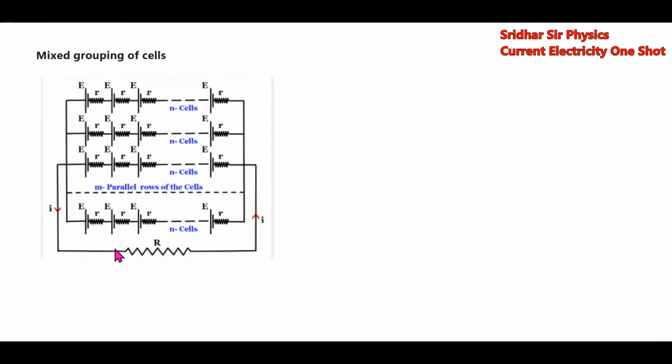So we have to calculate the expression for this current I. Summation of EMF should be equal to summation of E by summation of R. Now the effective EMF will be summation of E by R. This will become E1 by R1, E2 by R2, E3 by R3, En by Rn, divided by summation of 1 by R equivalent.